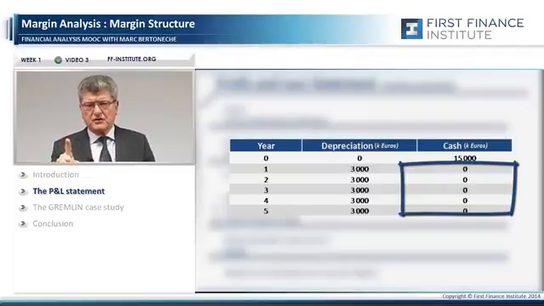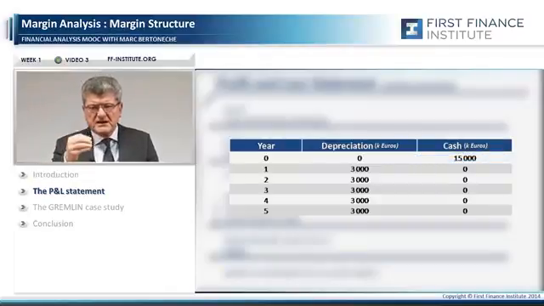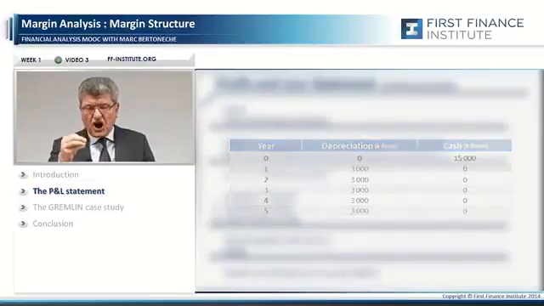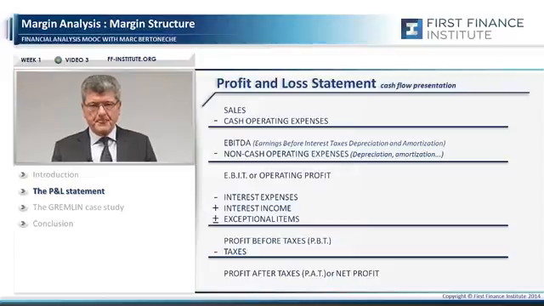What is a cash outflow is the purchase of the machine, $15 million at the beginning of the 5 years. So really depreciation is a non-cash expense. It's an expense, it's a cost, but which is not followed by a cash disbursement.